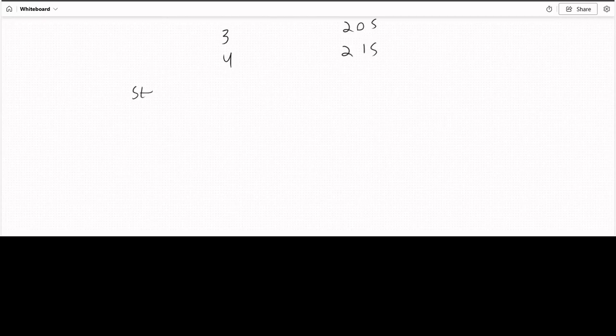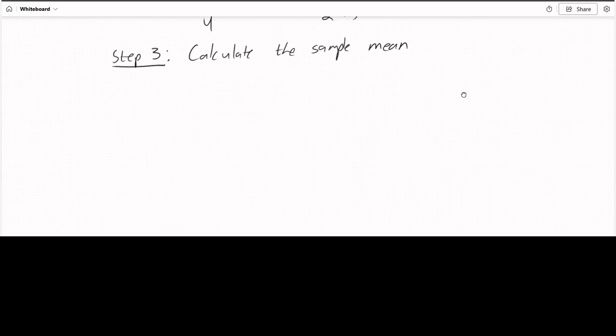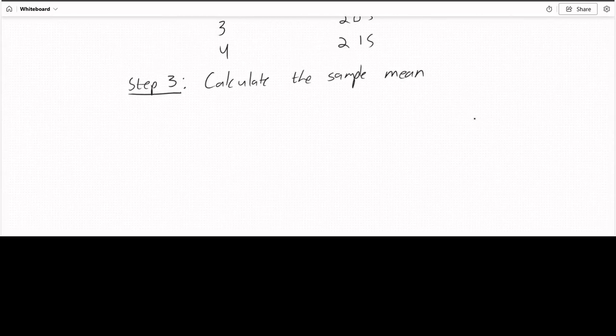So step 3, something that we have a lot of experience with since week 1 and 2, and that's calculate the sample mean. Okay. The sample mean, the average of our sample, is something used in our calculations, and we can pretty easily find that.